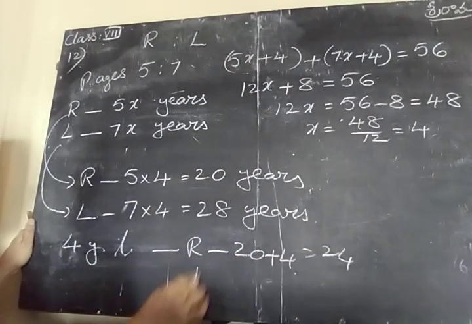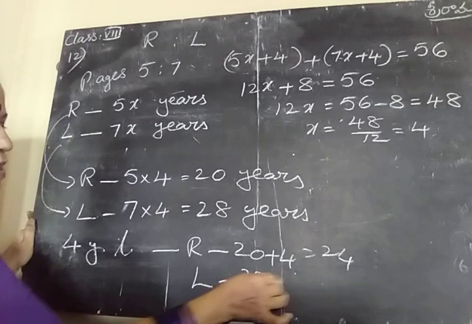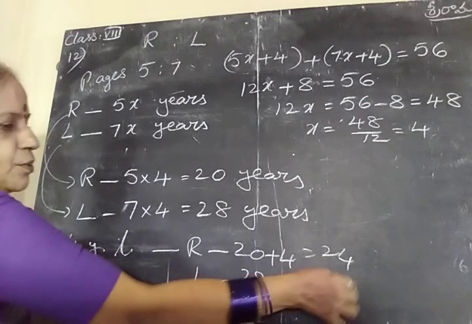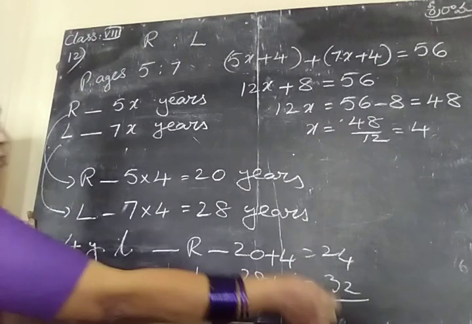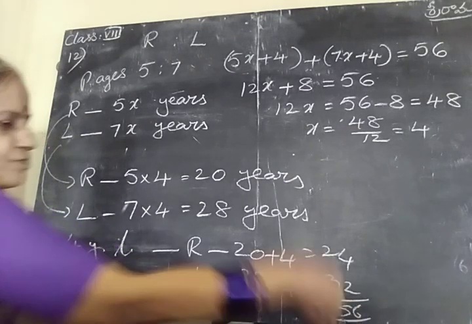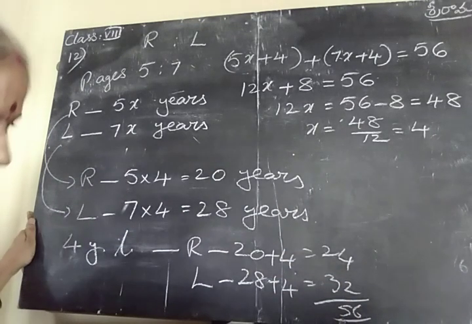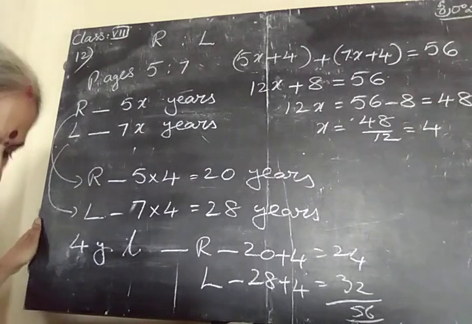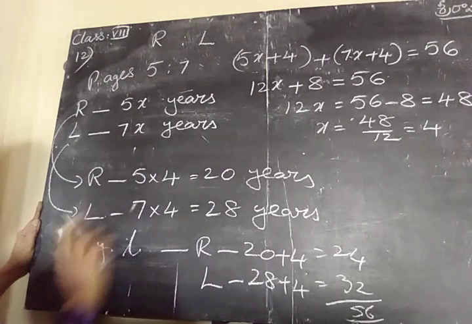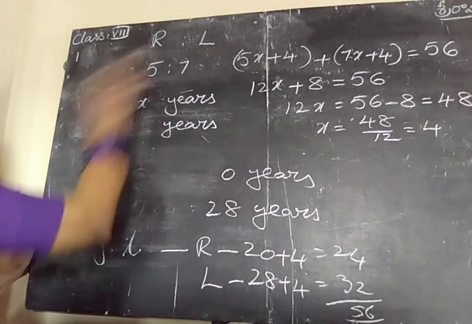And 4 years later Lakshmi's is 28 plus 4, 32. So they total 56. Got it now? Understood, children? Clear? Okay. Next.